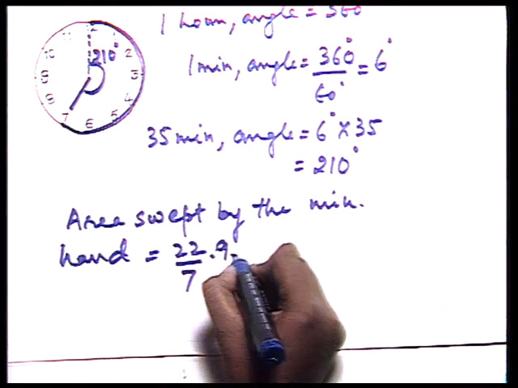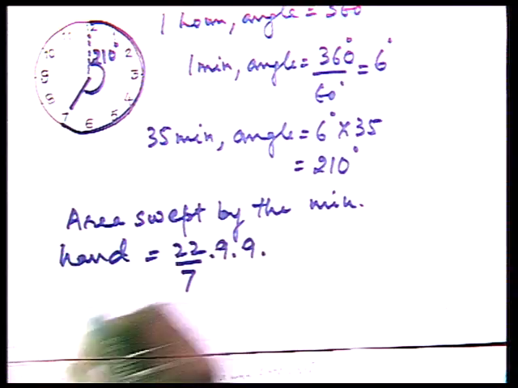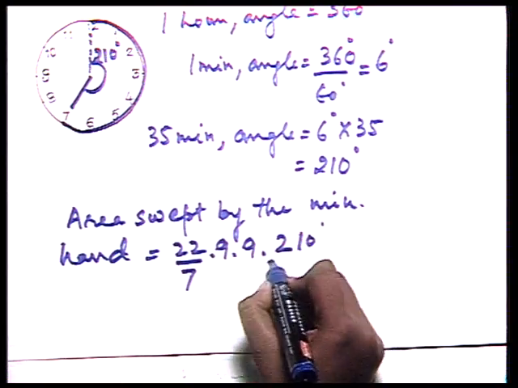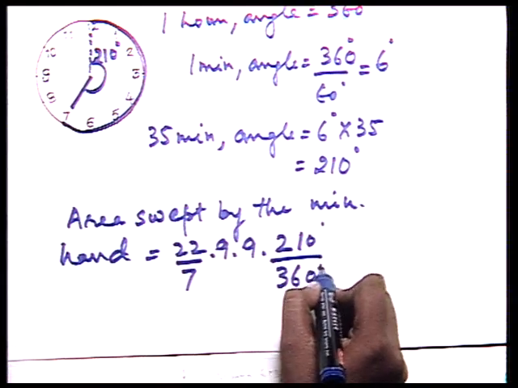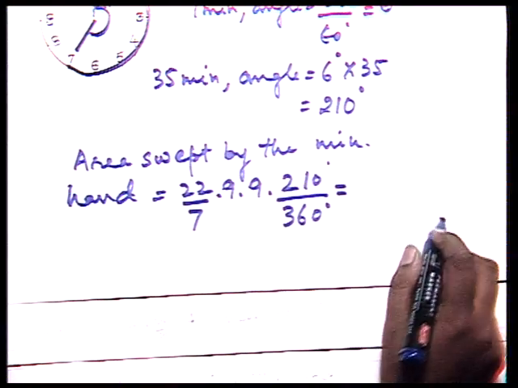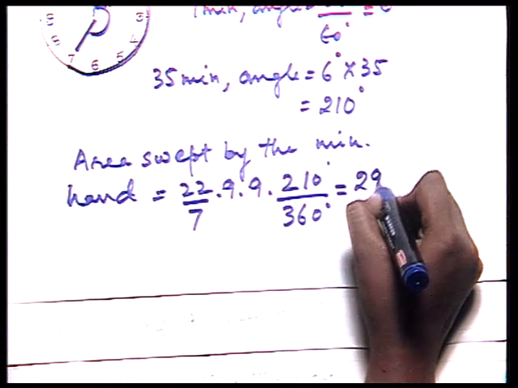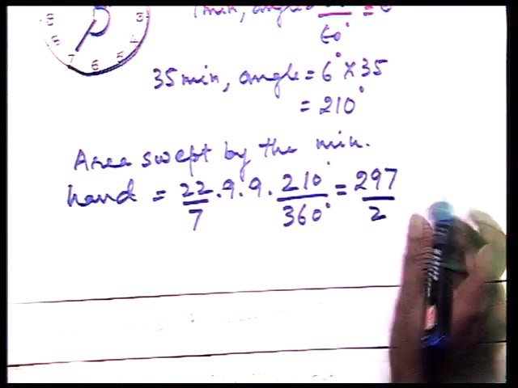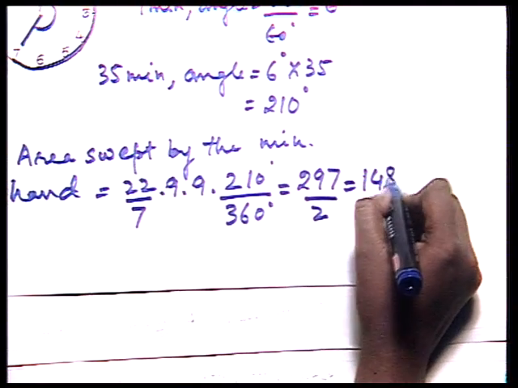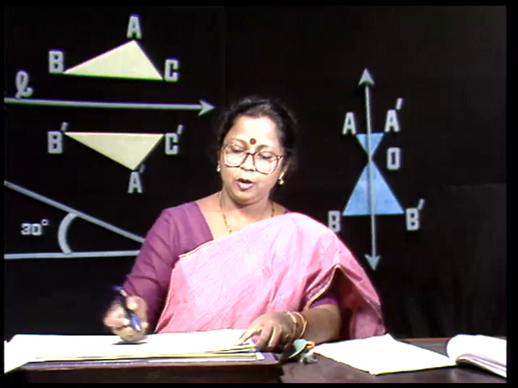So, 9 into 9 into theta, that is 210 degree upon 360 degree. And what do we get after solving this? This is equal to 297 upon 2, which is equal to 148.5.